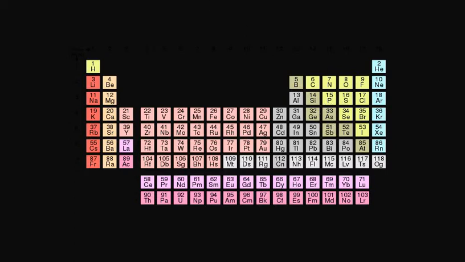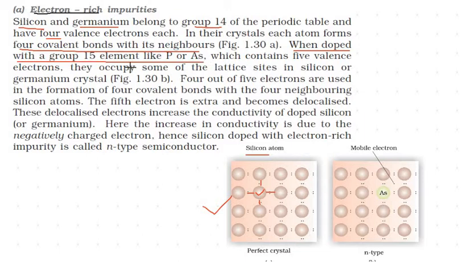The electronic configuration for group 15 is ns2 np3. So there is one more electron present, and it contains 5 valence electrons, 2 plus 3. They occupy some of the lattice sites in the silicon and germanium crystal, for example like this. So it has 1 extra electron.